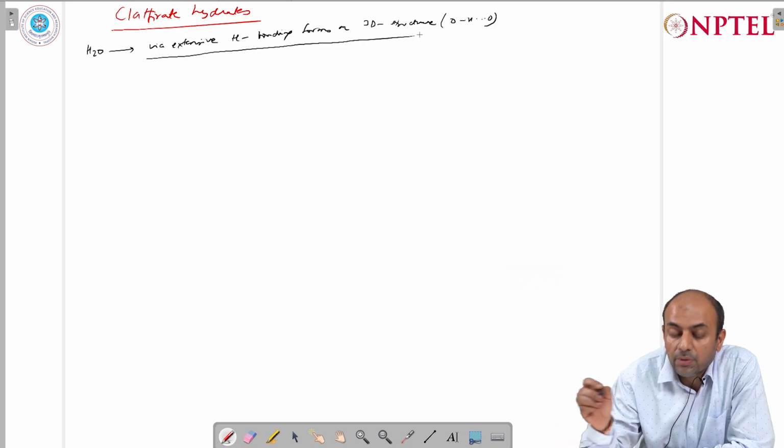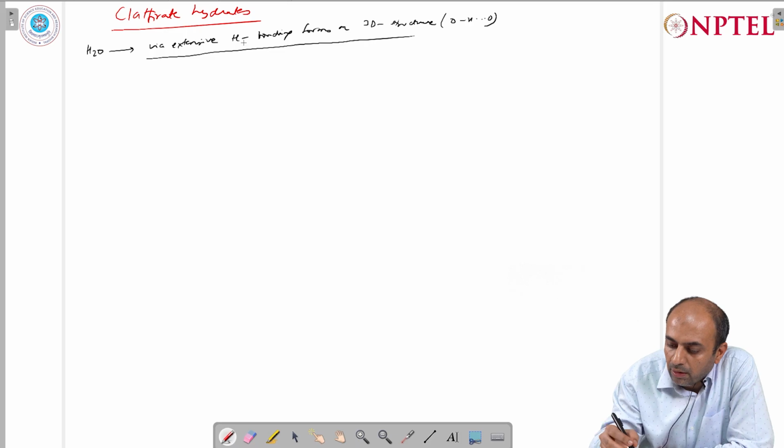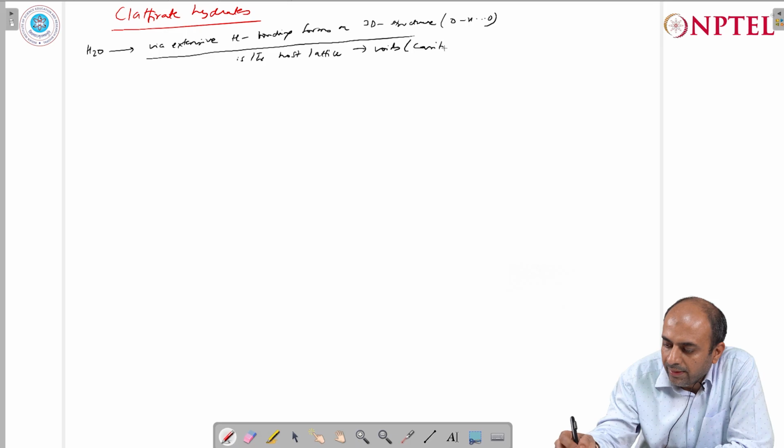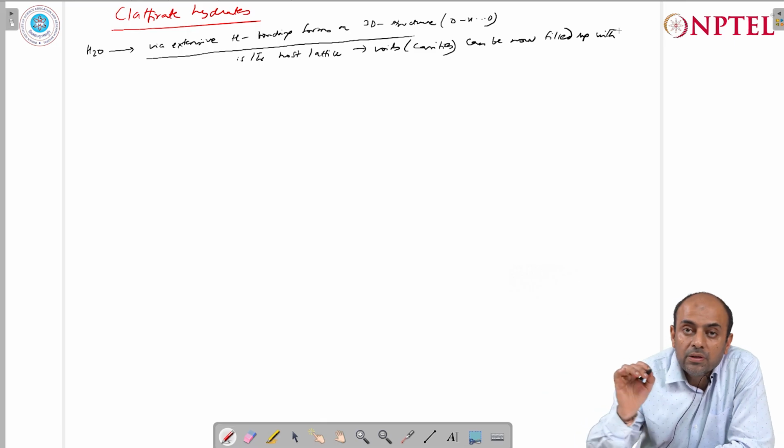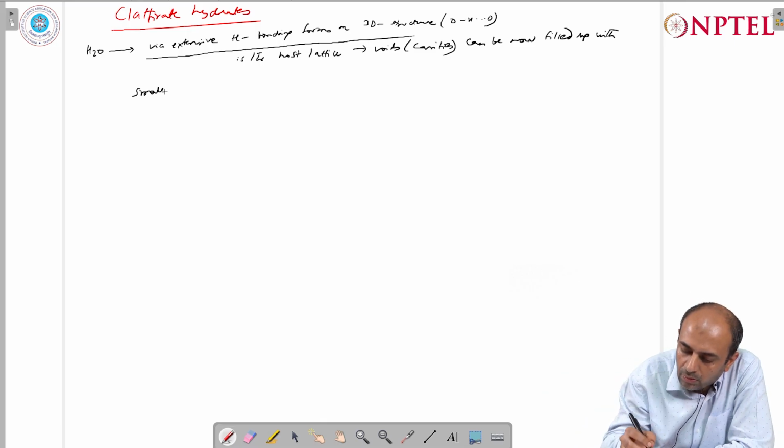Via extensive hydrogen bonding it forms a 3D structure which is the host lattice, and the voids, or you can say the cavities which are created, can now be filled up with small non-polar guest molecules.